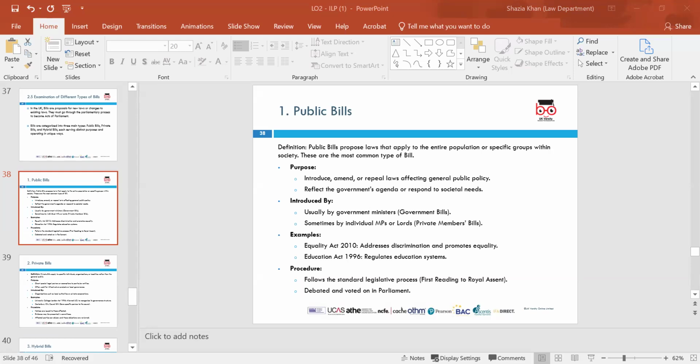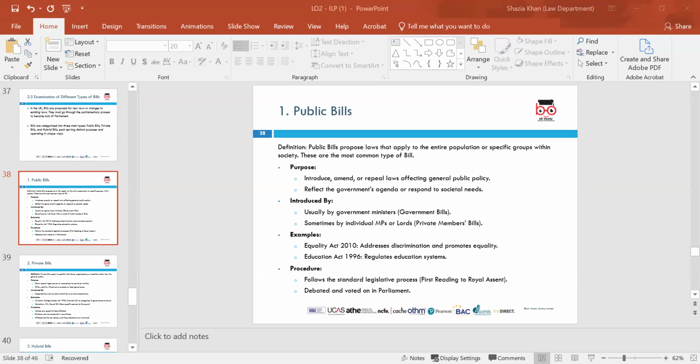The purpose of the bill is to introduce, amend or repeal any sort of laws affecting elements of public policy or societal needs. They're introduced by government ministers, and sometimes by individual MPs.